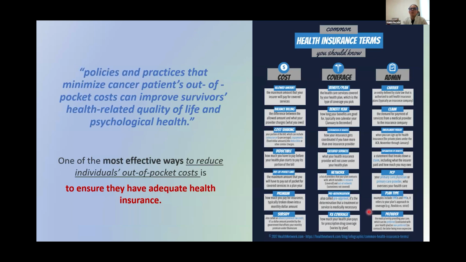What is important is that the most effective way to reduce the individual's out-of-pocket costs is to ensure that the patient has adequate health insurance. And here you have the cost, the coverage, and the admin. What we should know about health insurance terms, policies, and practices that minimize cancer patients' out-of-pocket costs can improve survivors' health-related quality of life and also their psychological health.